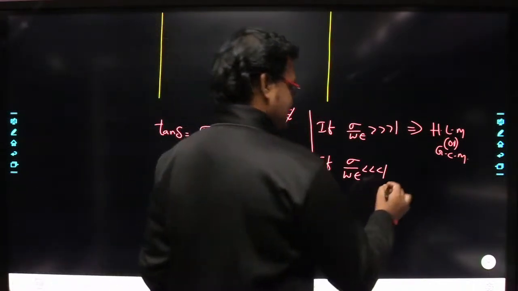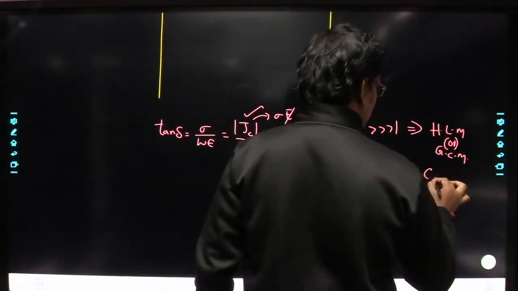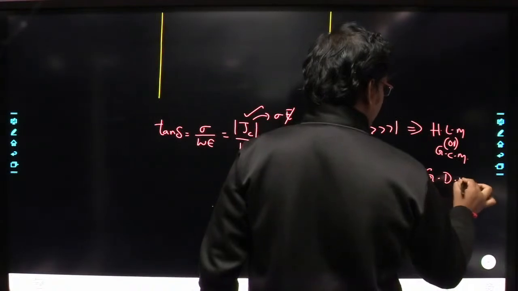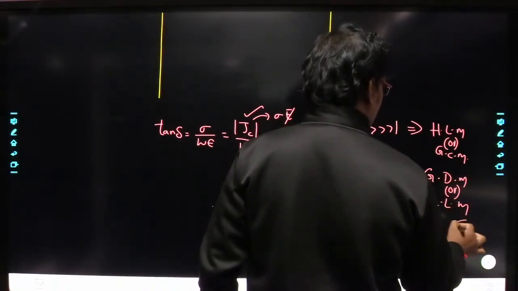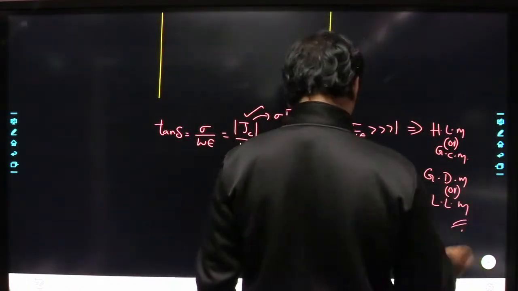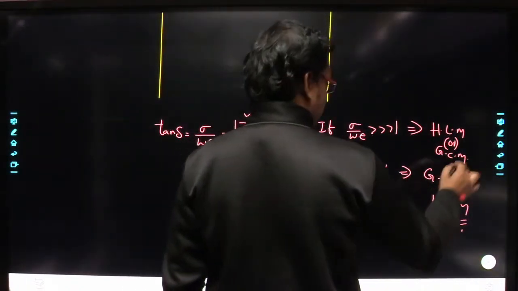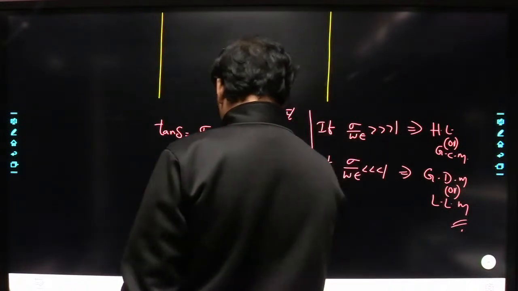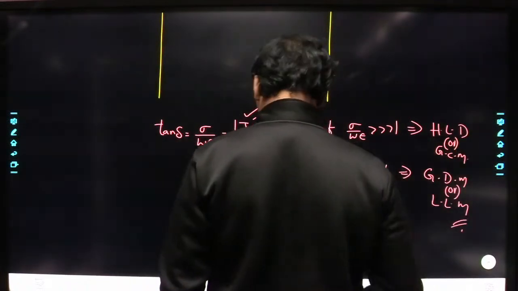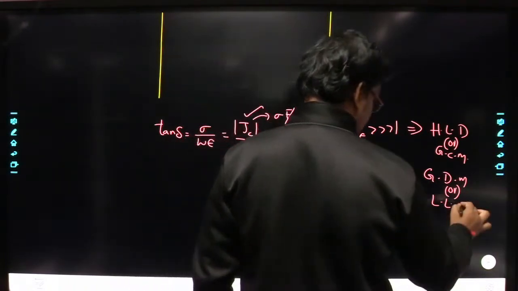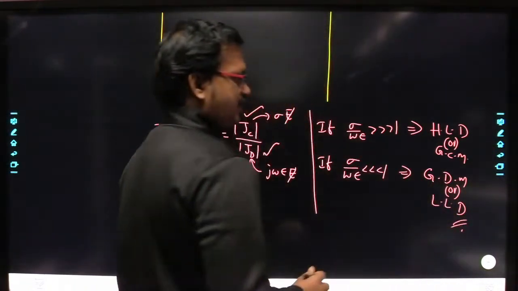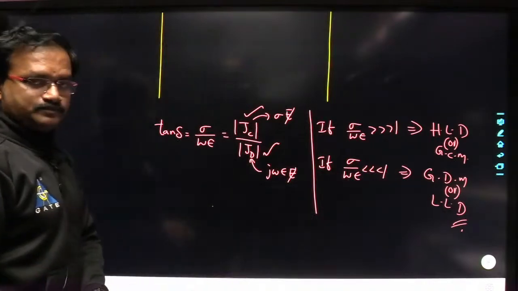In this case the medium behaves as a good dielectric medium, or low lossy medium. We generally name the other one high lossy dielectric, and this one low lossy dielectric or low lossy medium. Both mean the same, right? Low lossy dielectric or good dielectric medium.